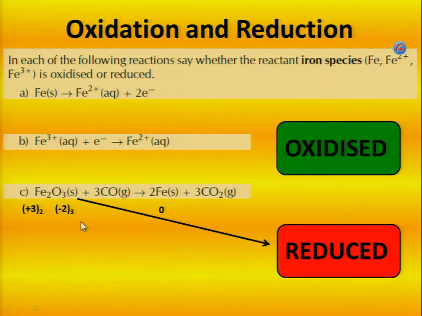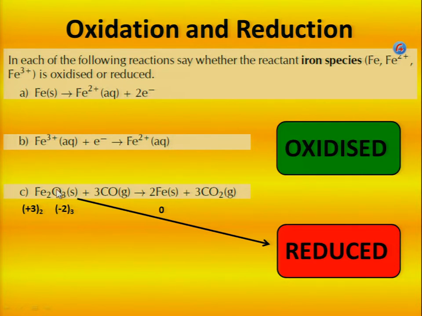This is a more difficult one. Here we have iron oxide, which we can't just say the charge is this, because this is now a compound, not an element. Therefore, you have to calculate the oxidation number of the iron. Now, you know that oxygen is also always -2.